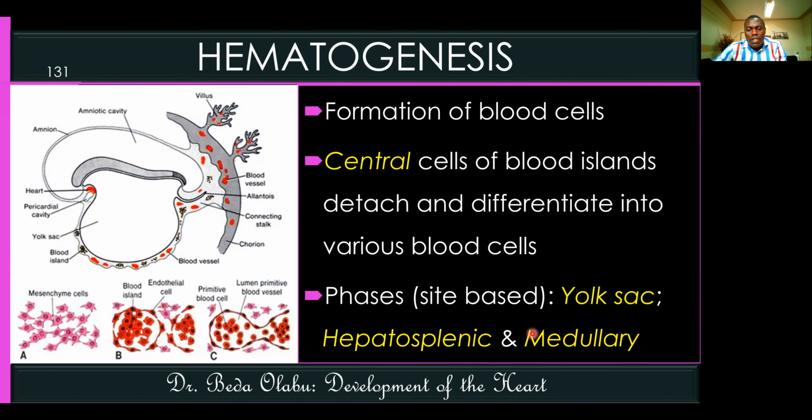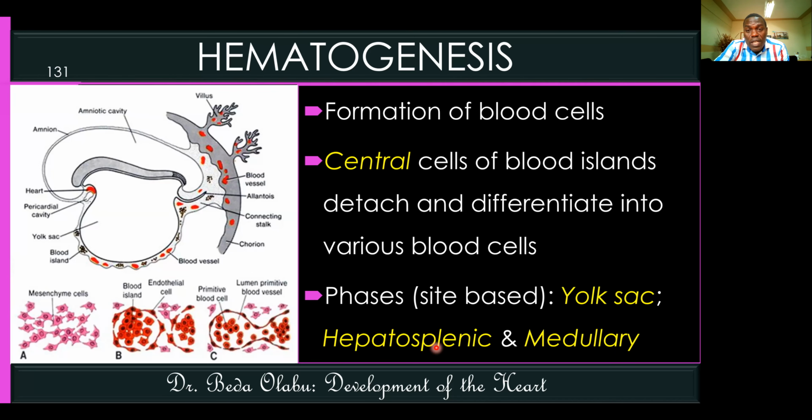Postnatally, the normal site of hematogenesis is bone marrow. The liver and spleen are not expected to form blood postnatally in as much as they do prenatally. That does not mean that the liver and the spleen don't have the capacity to form blood. As a matter of fact, sometimes there are some diseases that infiltrate the bone marrow, and so the bone marrow fails.